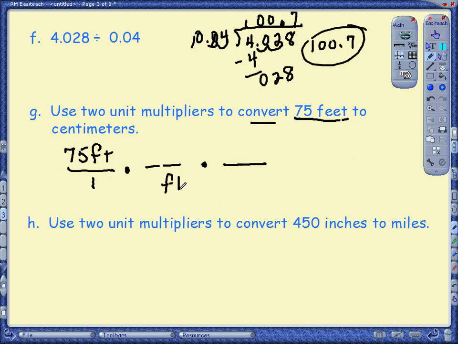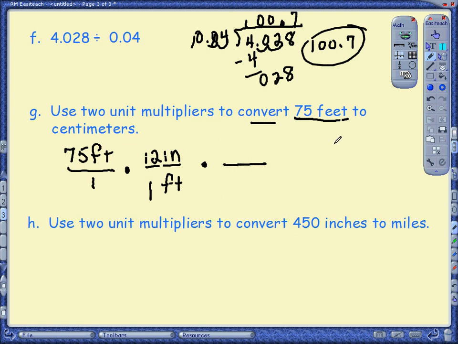That has to go into the denominator because this feet is in the numerator. We're going to be able to cancel this out exactly as we do a number. And we remember that 1 foot equals 12 inches. Okay, we don't want inches, we want to go into centimeters, so we have to use that little bridge.